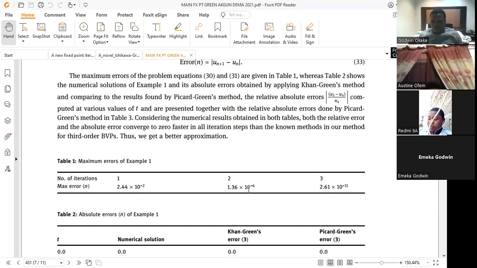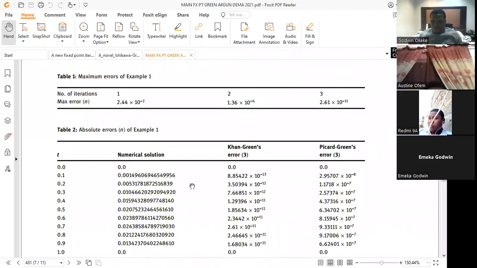I think that again will be a very good contribution. So from what these authors have done, I have not seen a side-by-side placement of different iteration methods showing that their own is better. So even if we can show that in our own table, it will be a very beautiful result and a very beautiful concept.